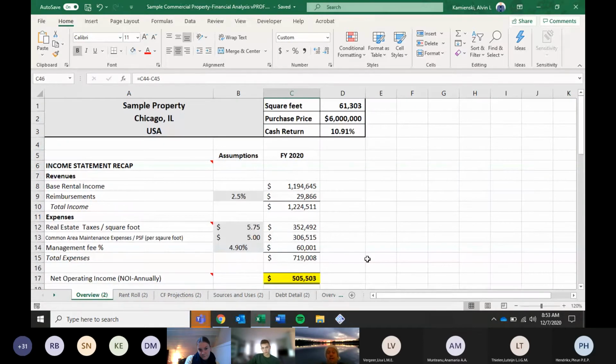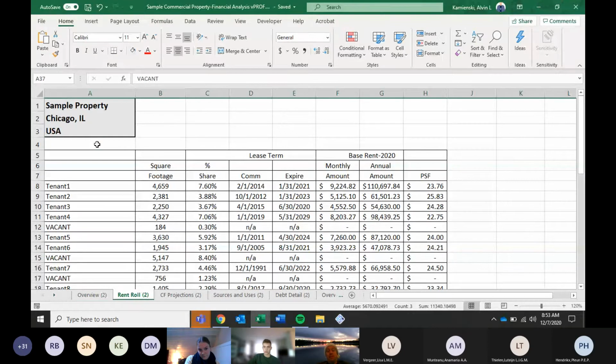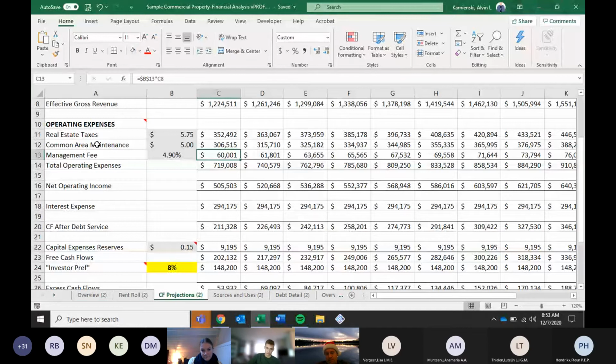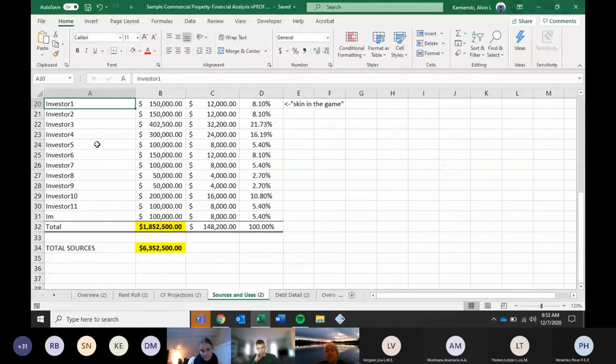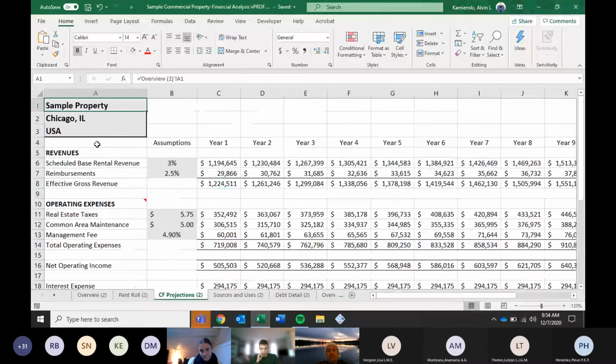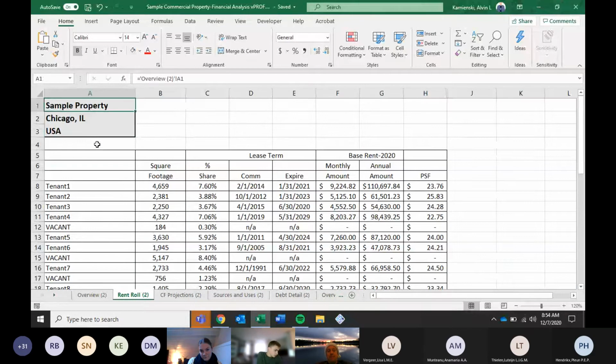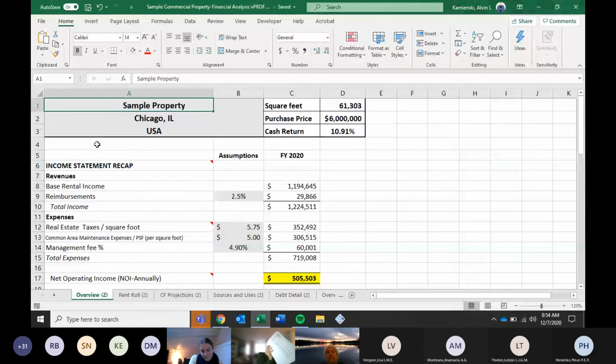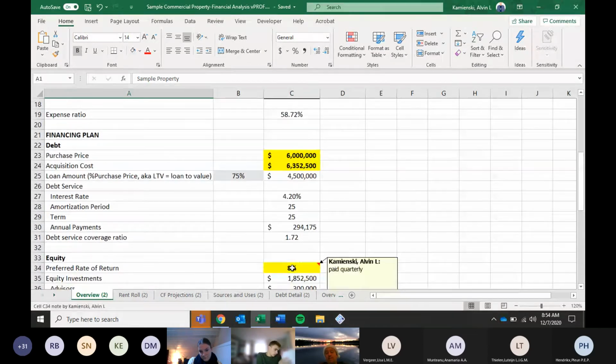And so it's from this sheet, the overview that is governed by the rent details, the cash flow projection details, the sources and uses details, and the debt details. It's from these things that I should be able to begin to construct my basic overall message on how to convince Maurice to come in on a deal where I promise him I'll make him at least 8%.